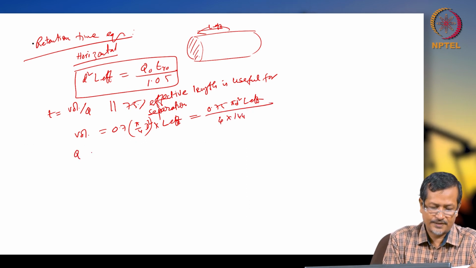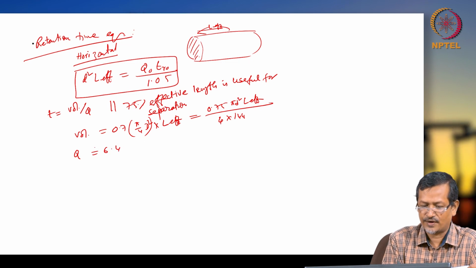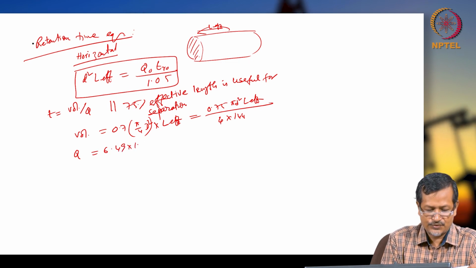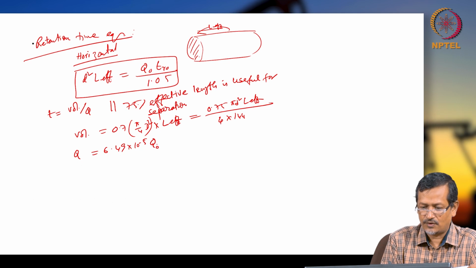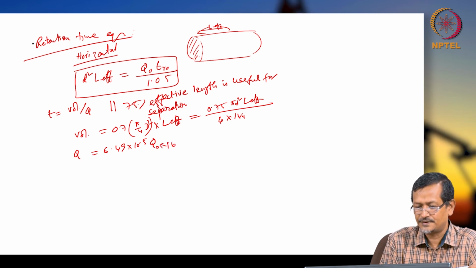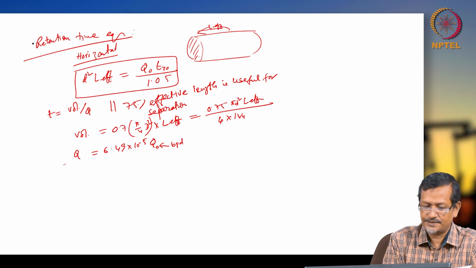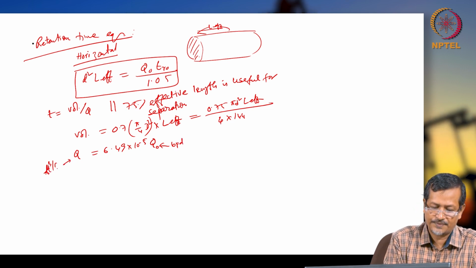Okay. And the Q formula you already know, 6.49 into 10 power minus 5 Q oil. This Q oil is in BPD, and Q is in cubic feet per second.